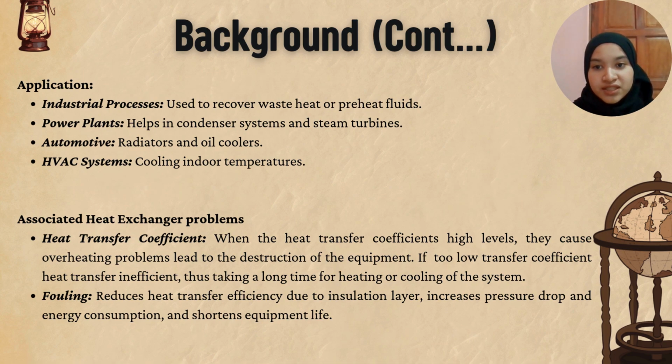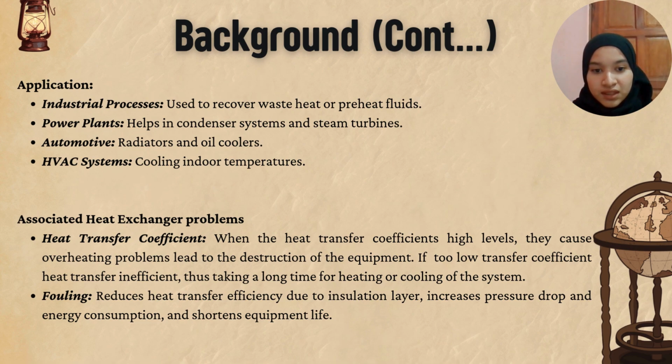Next, in power plants, they help in the condenser system and steam turbine. Furthermore, in automotive applications, they are used in radiators and oil coolers. And lastly, in HVAC systems, they are used in cooling indoor temperature.